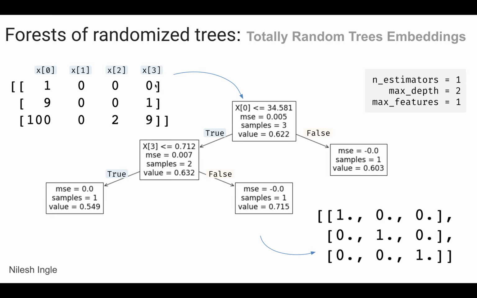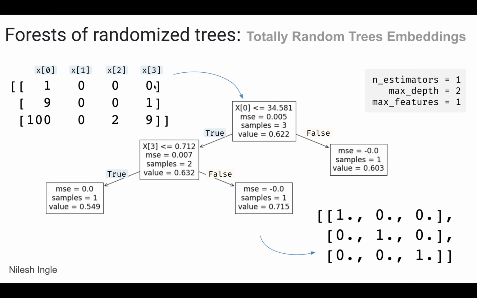If we pass this first data point, which is the first row, through this tree, the value for x0 is 1, so 1 is less than 34, so it goes to the left. Then we have to look at x3, is it less than or equal to 0.712.